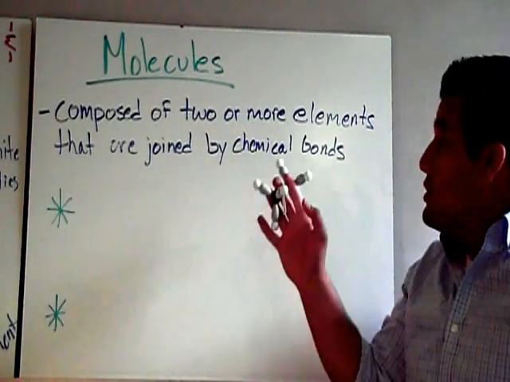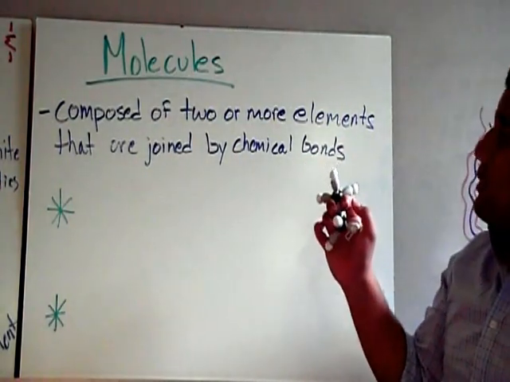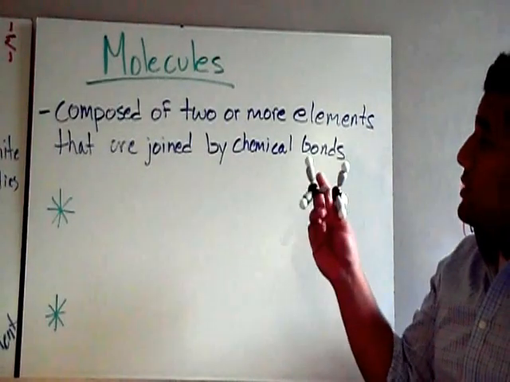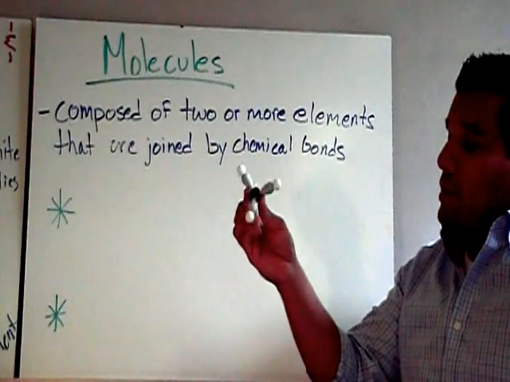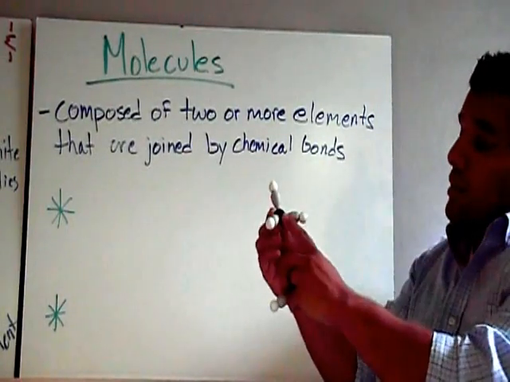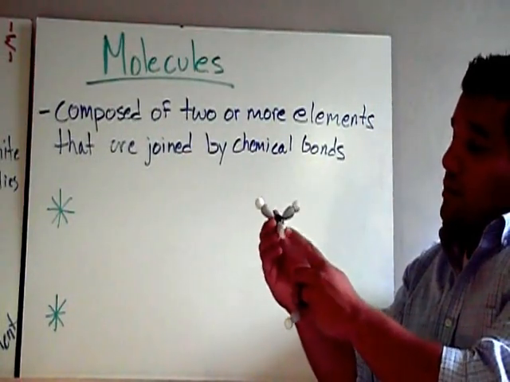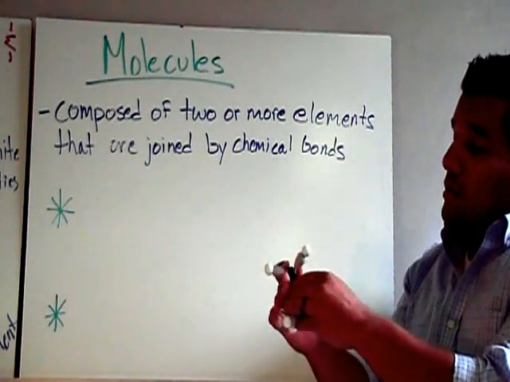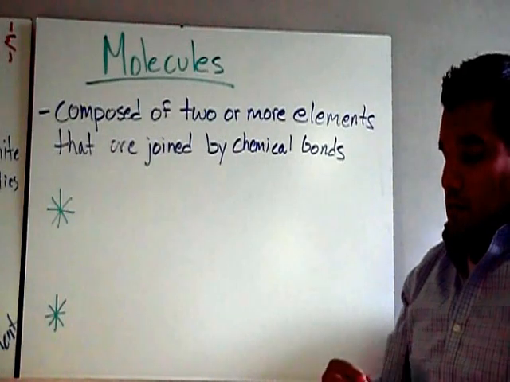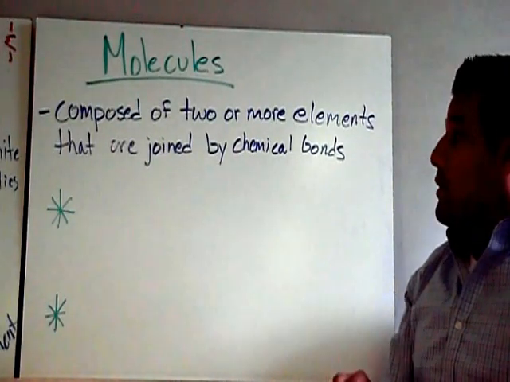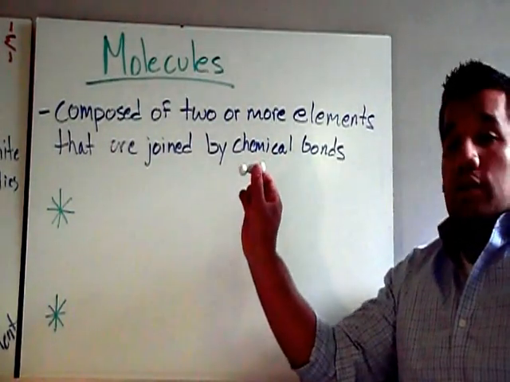So a molecule is composed of two or more elements that are joined by chemical bonds. This molecule has two elements, carbon and oxygen. We can do this, and this is still a molecule.